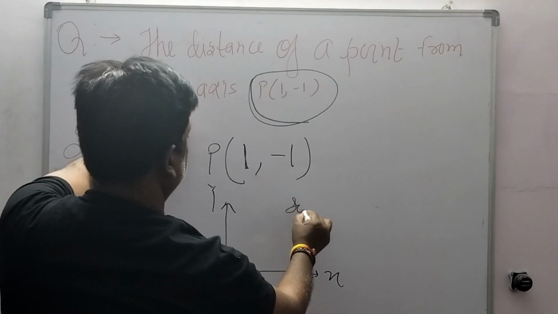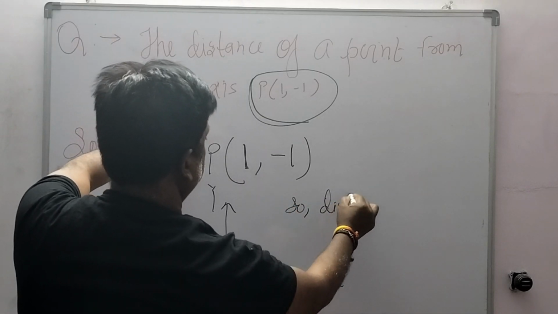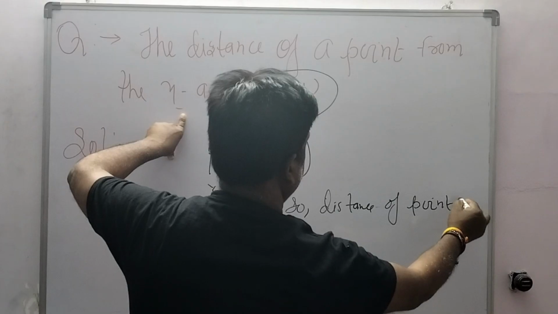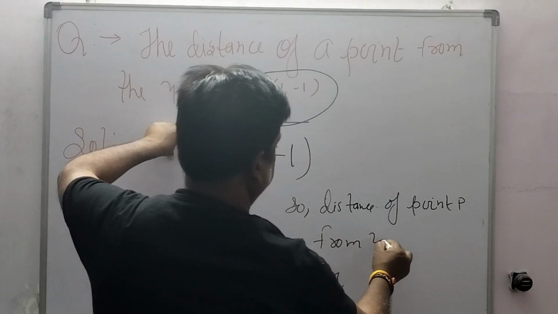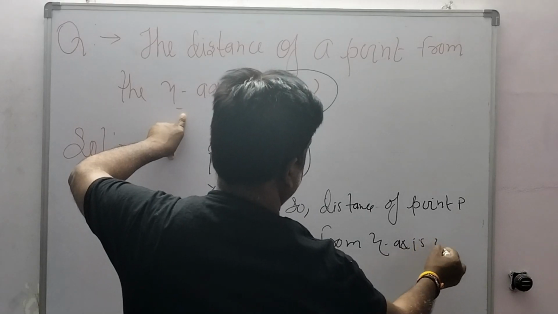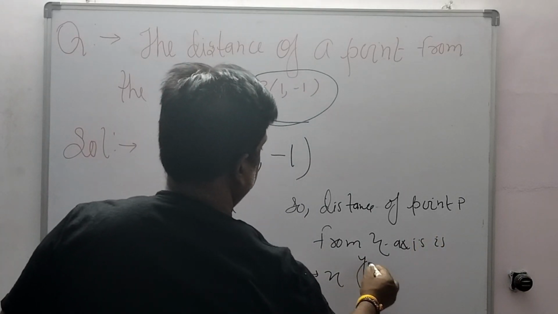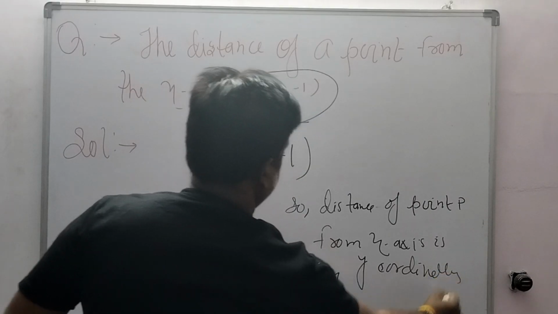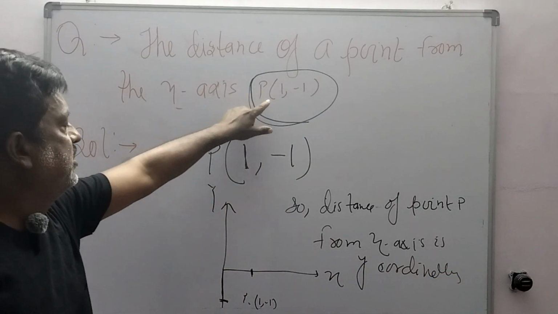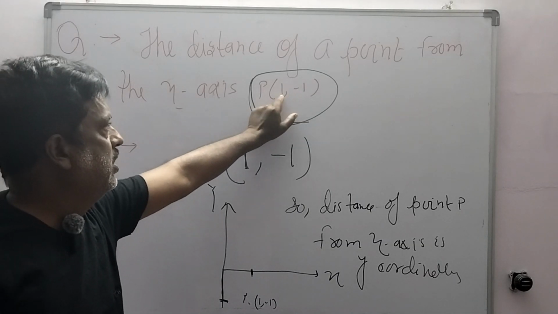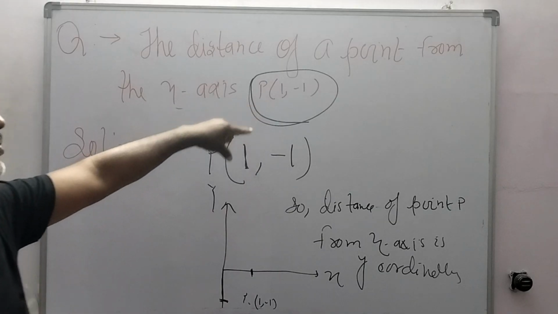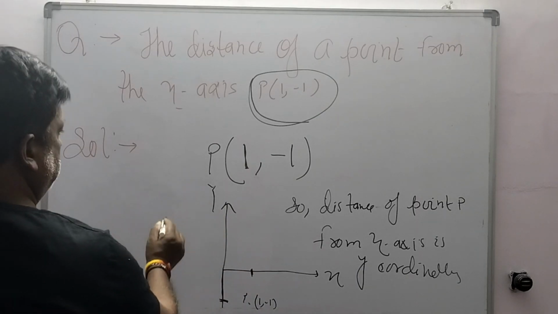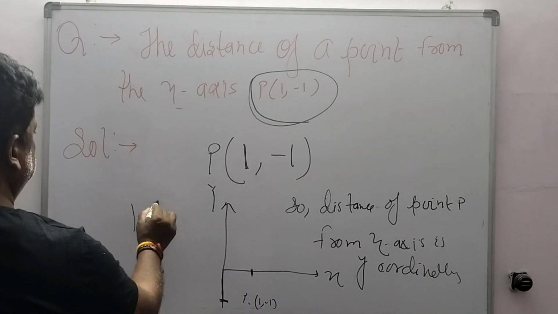So the distance of point P from the x-axis is given by the y coordinate. The distance of a point from the x-axis gives information about the y coordinate. So the distance is the modulus of -1, that is 1.